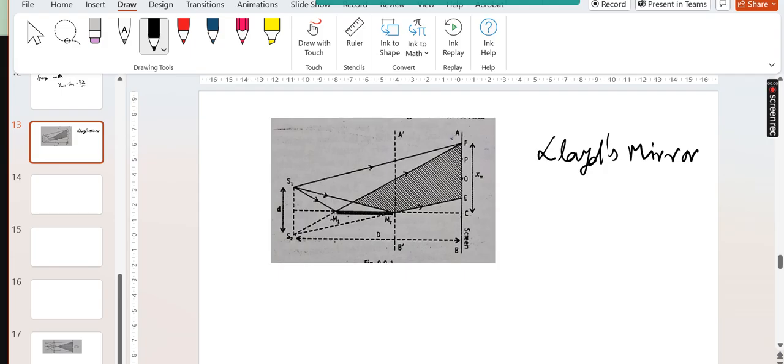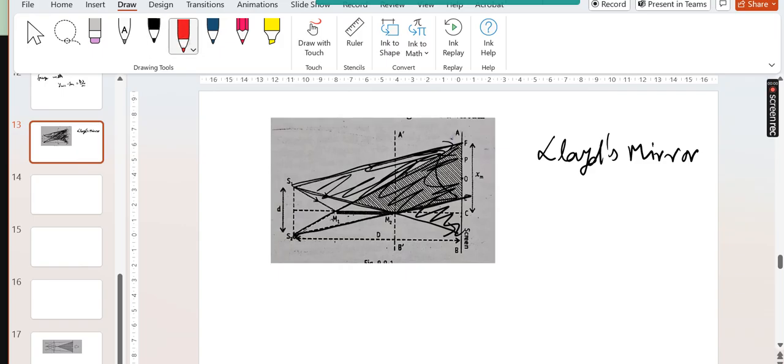So when the light gets reflected, here you need to remember that the light from S1 will go in everything from here to there, in this area, but it gets reflected from M1 M2, so it appears that there is a light source at S2, and the S2 light is in this portion.